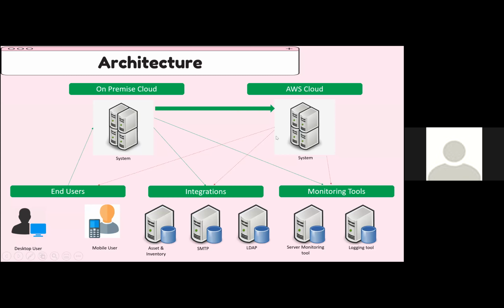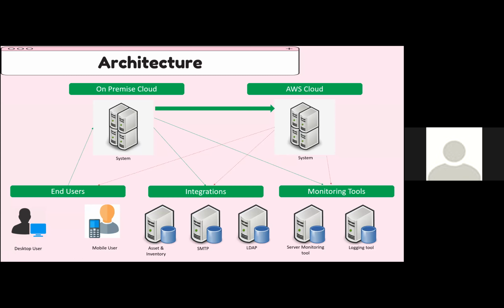By the way, there are AWS services similar to the SMTP, like SNS or notification service. Also, AWS has its own service similar to the LDAP or Active Directory, but it's not necessary that you use those services.